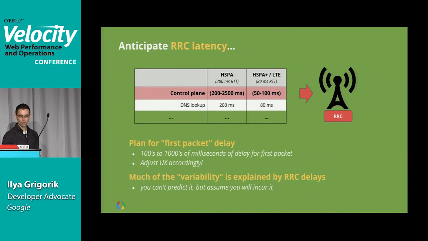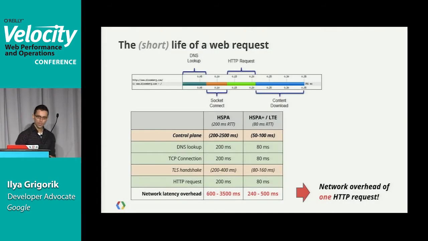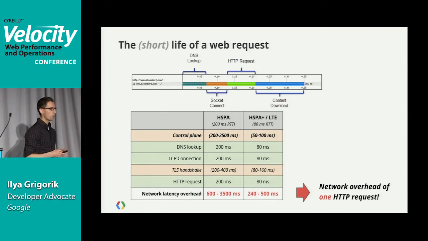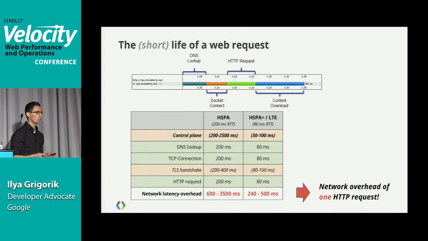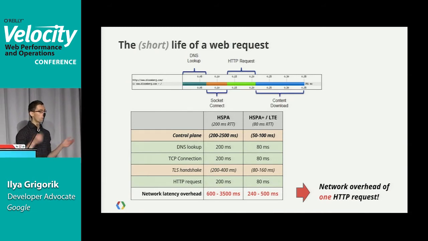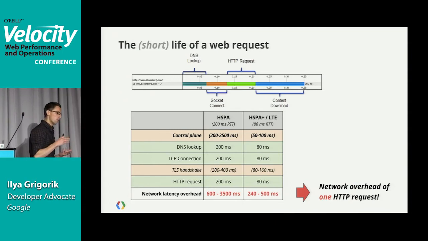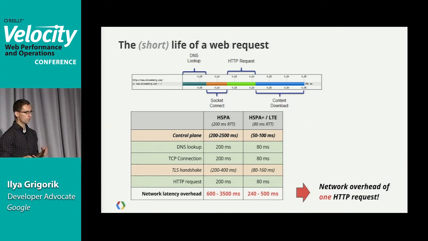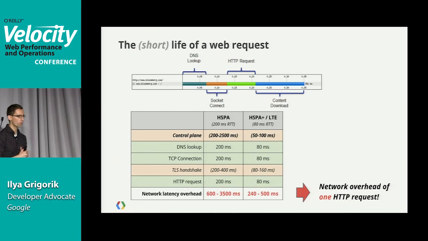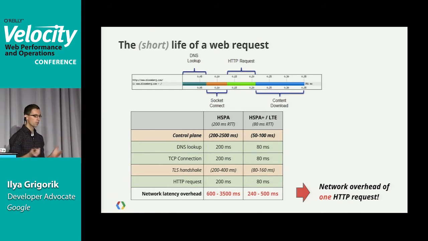And of course, it's not just a simple matter of transmitting a single packet of data, right? Our pages are a lot more complicated than that. First of all, before we even get to all the different resources, we have to go through all the steps of doing things like a DNS lookup, a socket connection, sending the actual HTTP request, fetching the data. And if you just add up the latencies associated with this, right? So I'm picking some numbers here, which is to say, let's assume an average of 200 millisecond RTT for a 4G network, which is a fairly reasonable number.